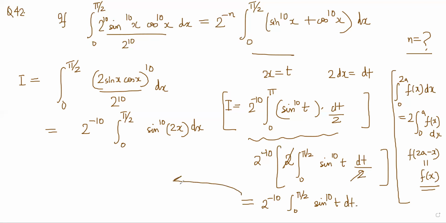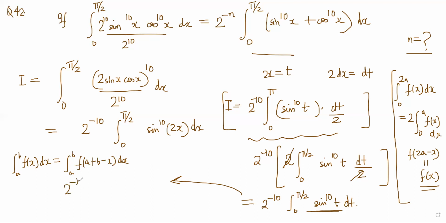And now what I can do is apply the property integral a to b f(x) dx is equal to integral a to b f(a+b-x) dx to convert this integral into a cos integral.